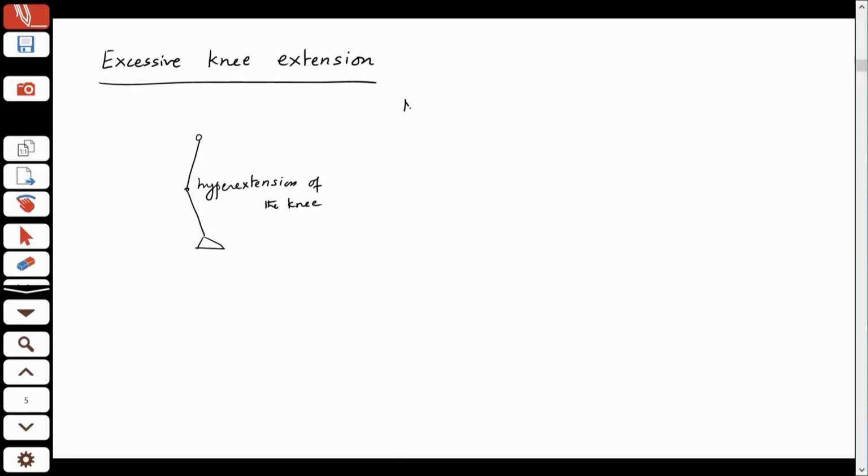So, in this case the normal stance phase knee flexion is lost, because you have knee flexion at 2 stages. One is in the stance phase for the shock absorption during loading response, and of course, the other knee flexion happens in swing. Okay.